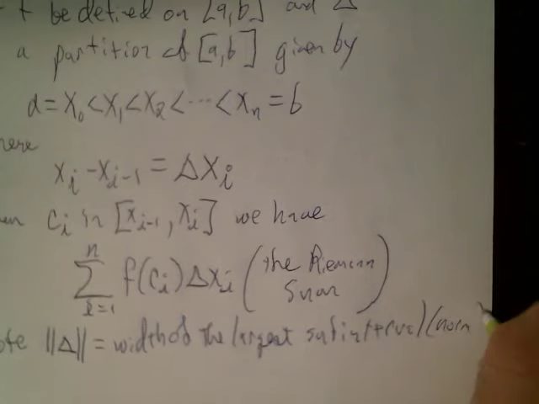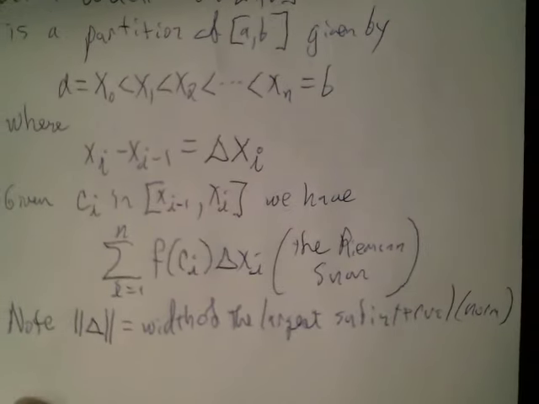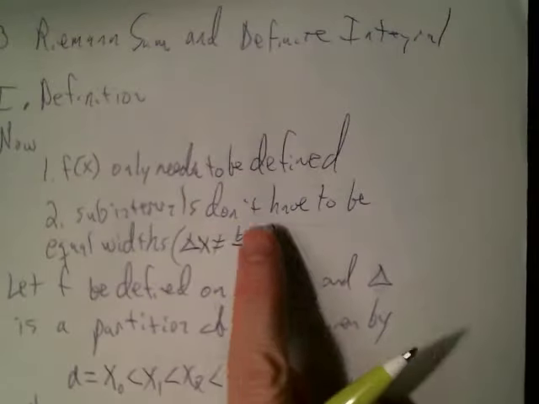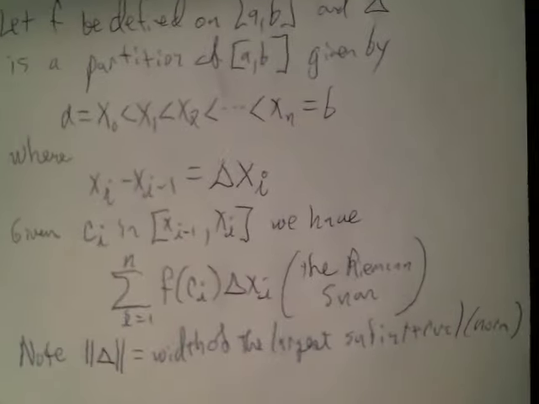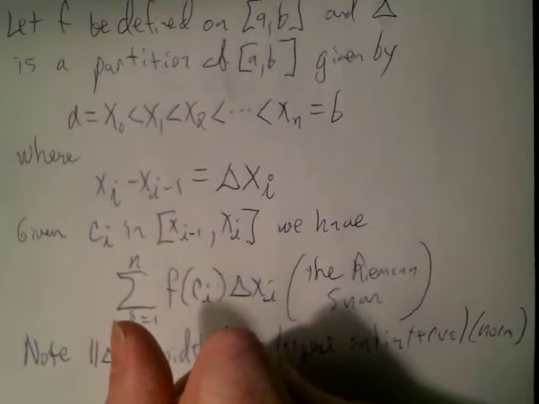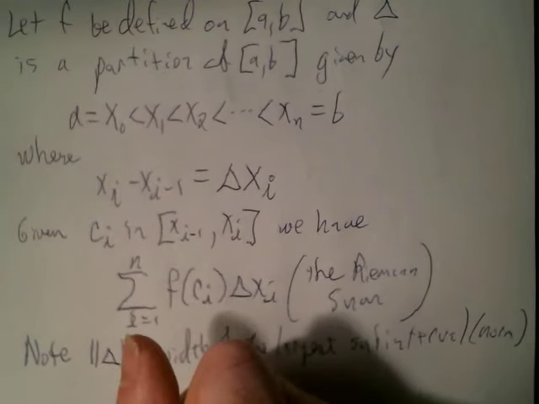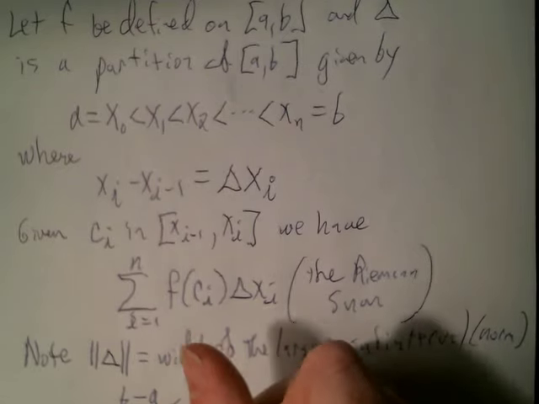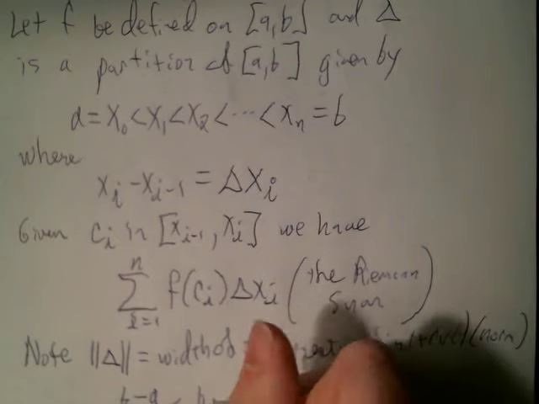And this thing is related to the old version of our change in x via the following formula: b minus a all over n is going to be less than or equal to this norm. Okay?